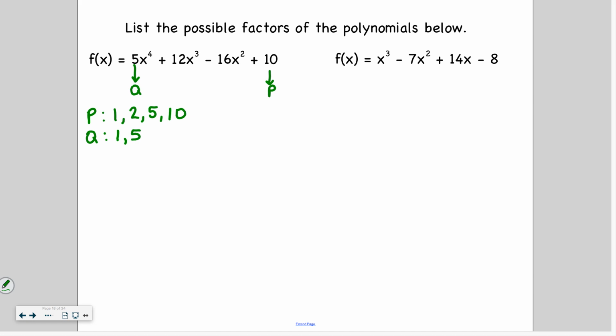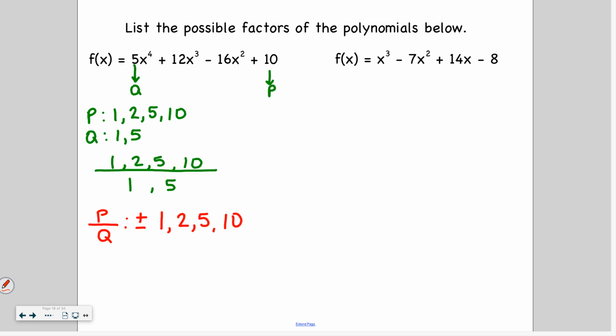So now I'm going to put 1, 2, 5, and 10 over 1 and 5. But I'm going to break those down, okay? So if I do P over Q, what are my possible factors? Well, if I take all of them and put them over 1, anything over 1 is itself. So 1, 2, 5, and 10.